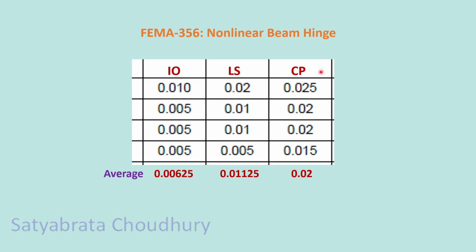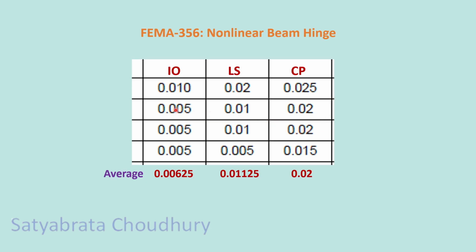So we go back to FEMA 356 and find out those primary element values, which are like this, depending on the shear ratio and steel ratio, etc., which is not shown in the left hand side. Now for each of the members, you do not know the parameters like shear ratio, steel ratio, etc. before design. So this exact value you cannot set to the hinges.